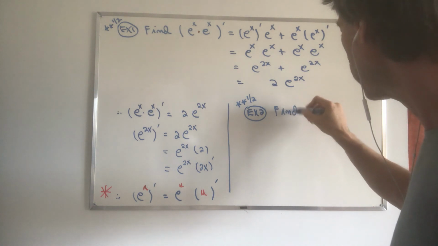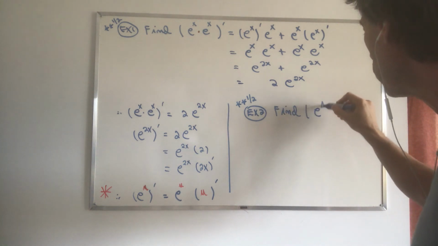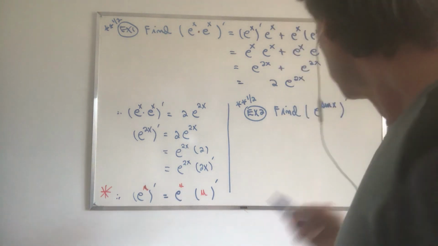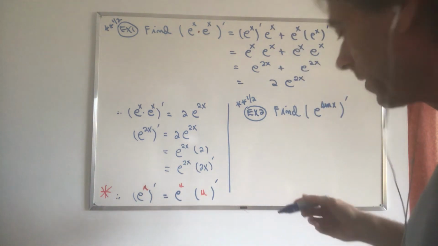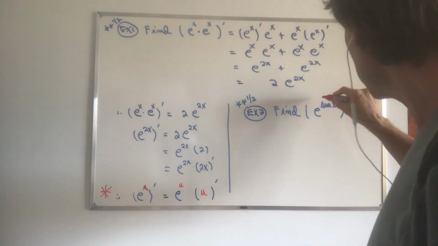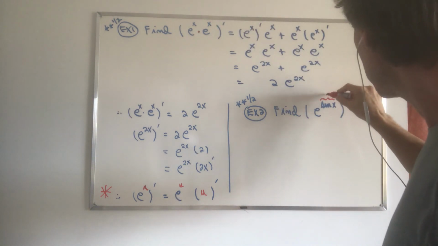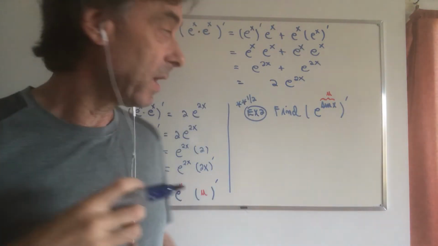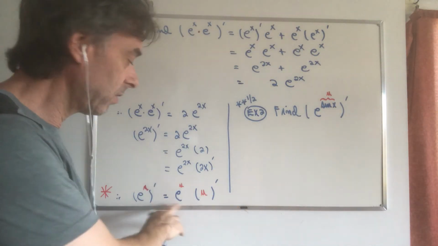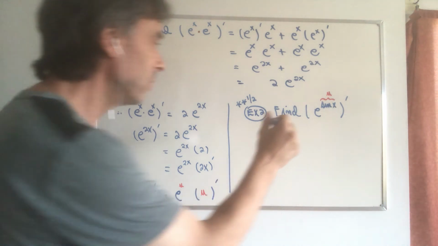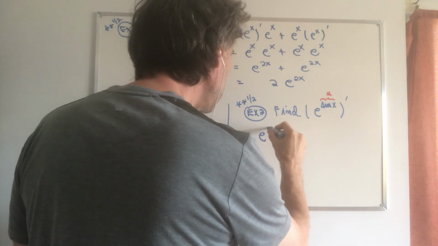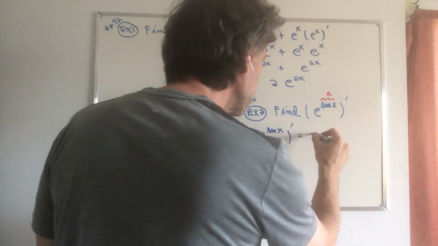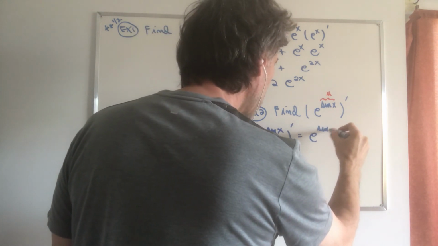Quick example, let's make this one not too difficult. Find the derivative of e to your favorite function, sine x. What's the derivative of e to the sine x? Well, this is my u. Sine x is my u. So basically I'm going to apply the derivative of e to the u to be e to the u times u prime. So e to the sine x prime is e to the sine x.